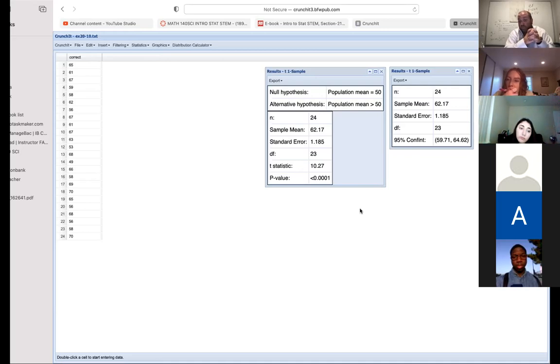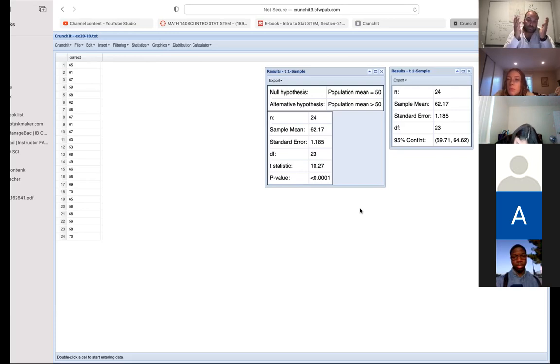A p-value less than 0.05. Right, Hannah? 0.05, excellent. So this p-value is so much less than 0.05. It's so small, even at 0.01, even at 0.0001, we would reject the null hypothesis.